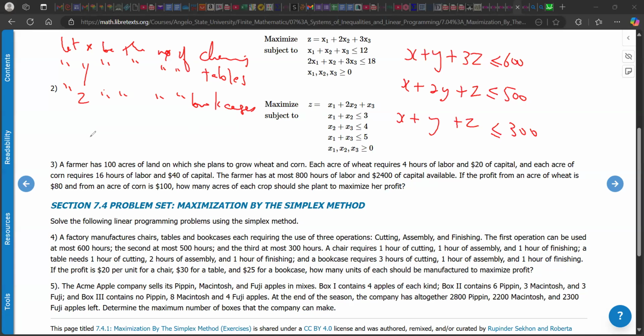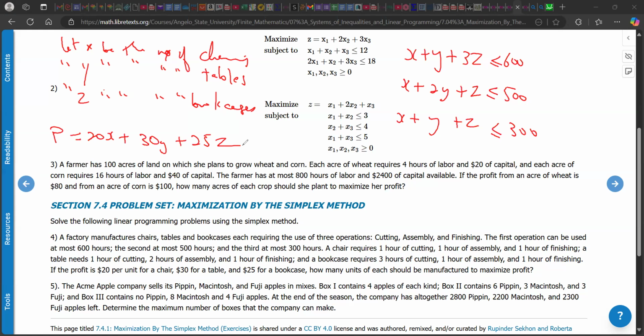And our objective function, I'll write it here. P equals, right? That's your objective function. And please take some time to figure out where I got these inequalities from, right? I'll probably tell you one.